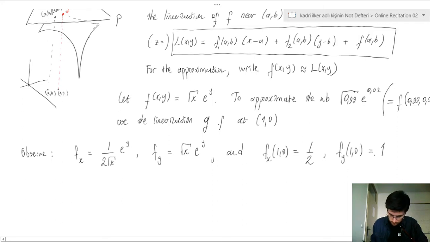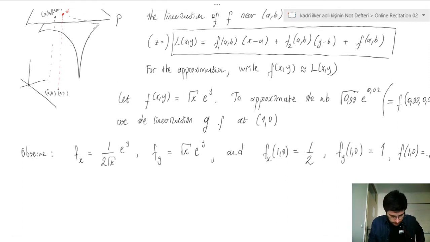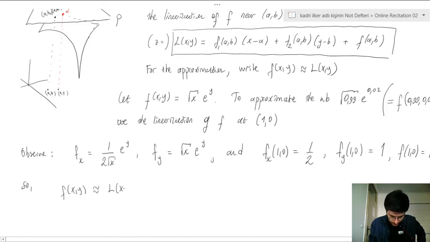And of course f at (1, 0) is 1. Then f(x, y) can be approximated by L(x, y), and L(x, y) itself, just using the definition above, is 1 over 2 times (x minus 1) plus 1 times (y minus 0) plus 1.